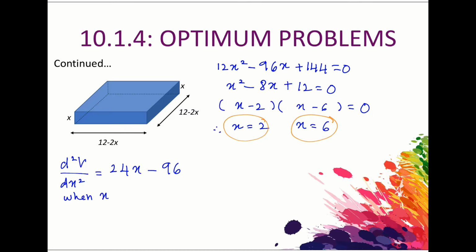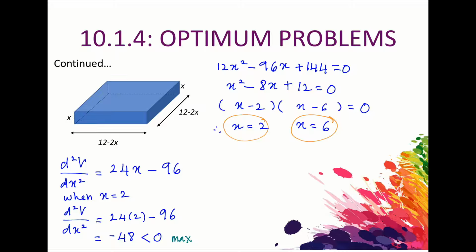When x is equal to 2, the second derivative is equal to 24 times 2 minus 96, which equals negative 48, which is less than 0. So we can say that it gives the maximum volume for the box.